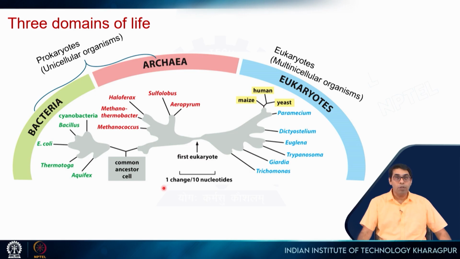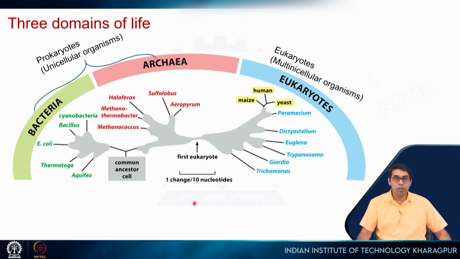Let us look at the various life forms that are present on this biosphere, which is Earth. If we look at all the life forms, they can be grouped into 3 domains. These are called the 3 domains of life. The first one is bacteria, the second one is archaea, and the third one is eukaryotes. Bacteria and archaea are unicellular organisms, and they evolved much longer before the eukaryotes evolved.